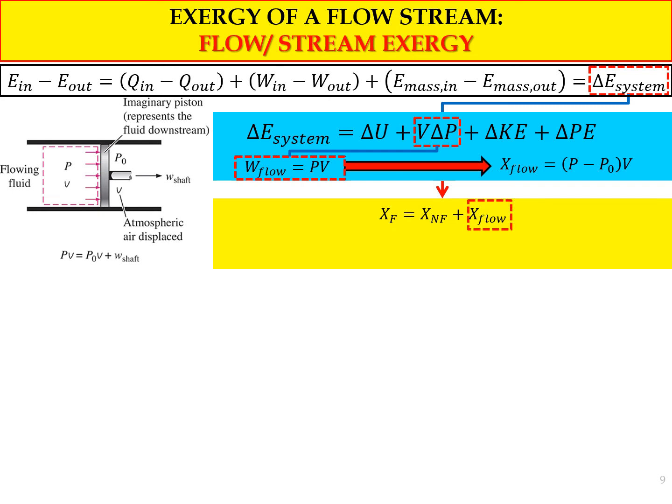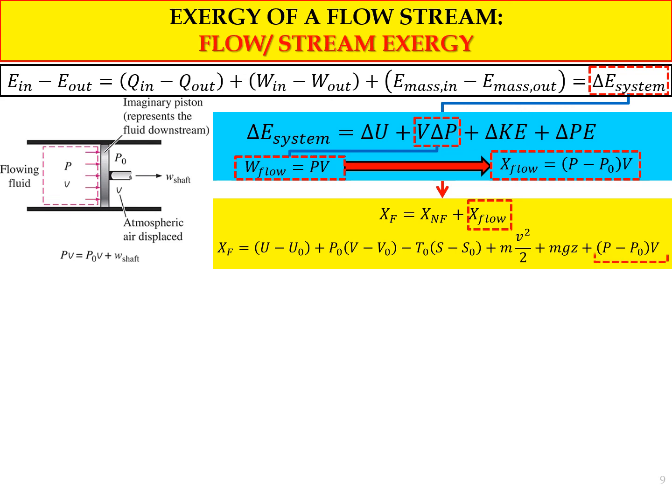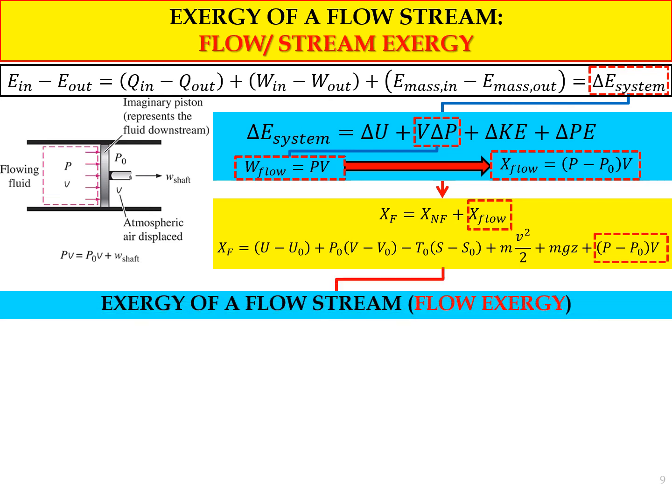So this is the additional term that we need to put into the exergy equation, and the expansion is in the red dotted rectangle. So for the exergy of a flow system, we should add (P minus P naught) V. This is the difference between the exergy of a non-flow system and a flow system.